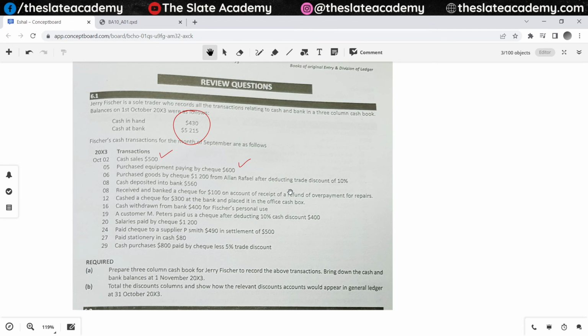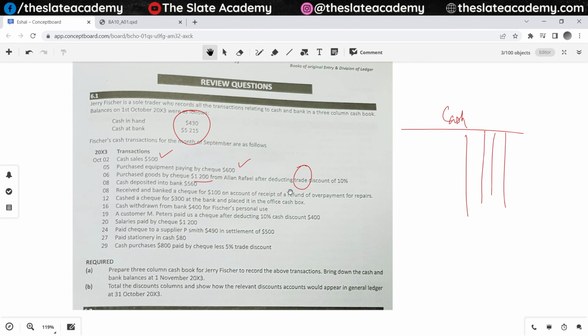This one: purchased goods by check 1200 from Ellen Raphael, deducting discount of 10%. Since this is trade discount, the double entry for this one is we are purchasing and paying by check. So it would be the T account, the cash, bank, and discount column.